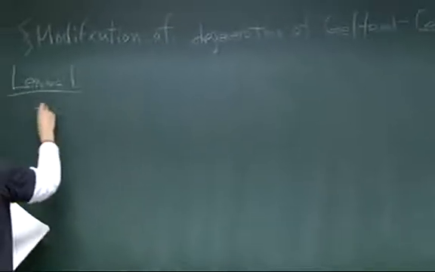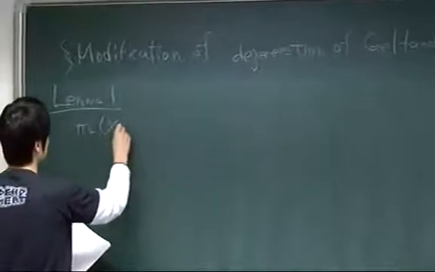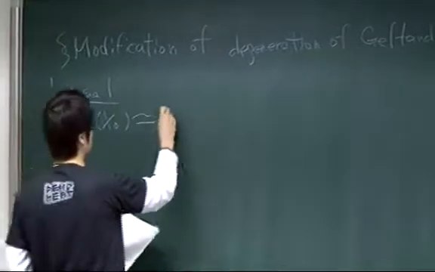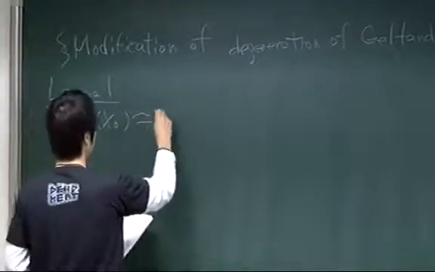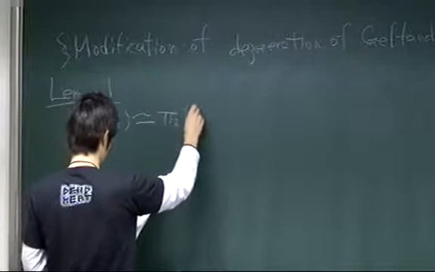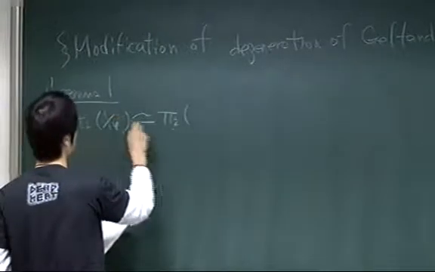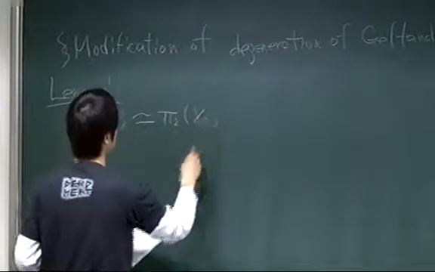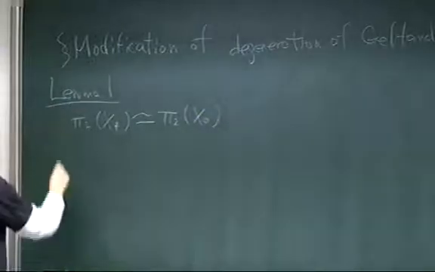Actually, we will prove those two lemmas. First, the homotopy groups are naturally isomorphic.